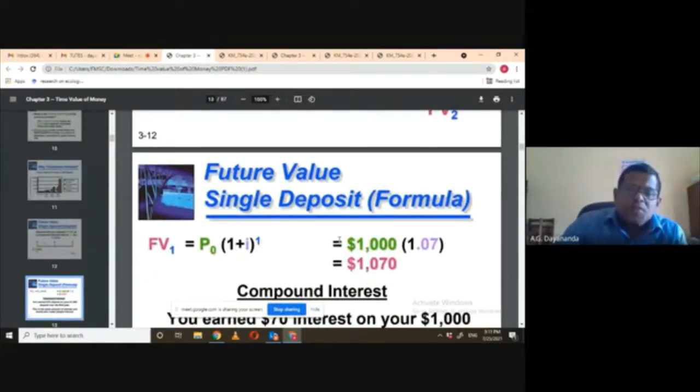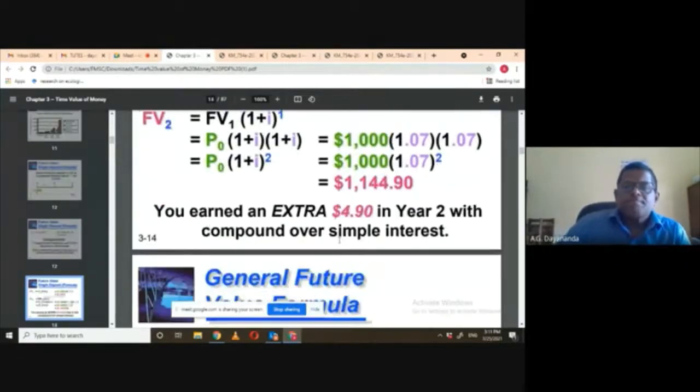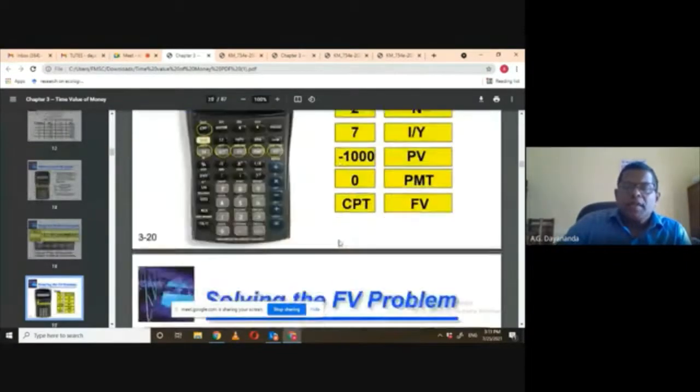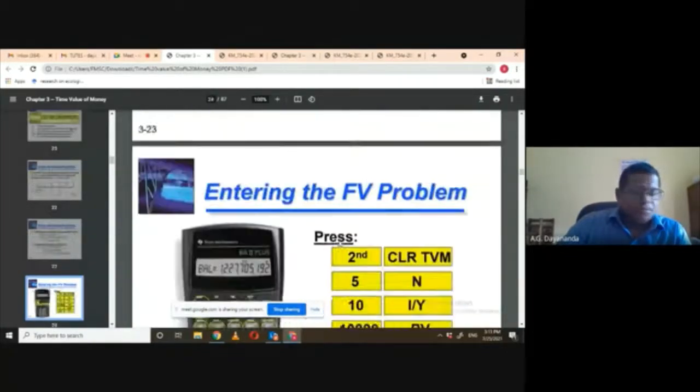If the cash flows are of mixed type, then you have to consider case by case. So we did a mixed type of cash flow also.